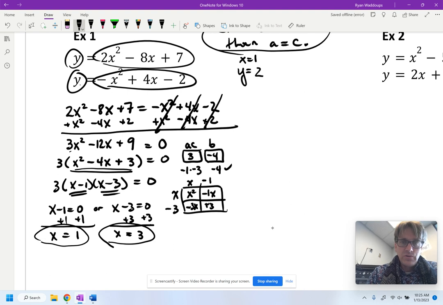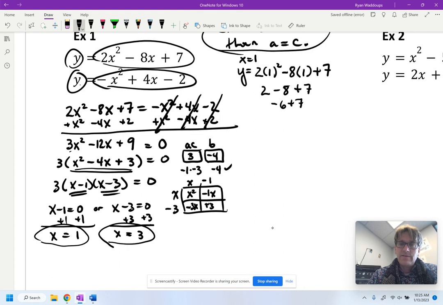Y equals 2 times 1 squared minus 8 times 1 plus 7. And that gives me 2 minus 8 plus 7. And that's minus 6 plus 7. And that's 1. So my first solution is at the point 1, 1.